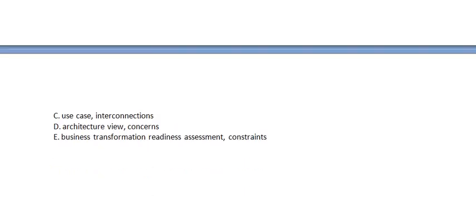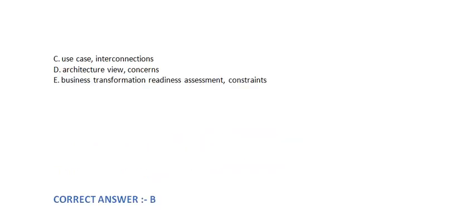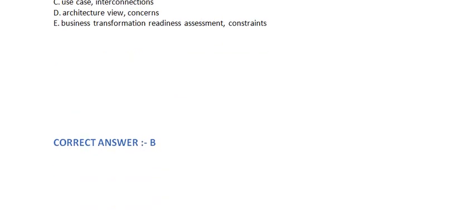Option C, use case interconnections. Option D, architecture view and concerns. And option E, business transformation readiness assessment and constraints. The correct answer is option D.